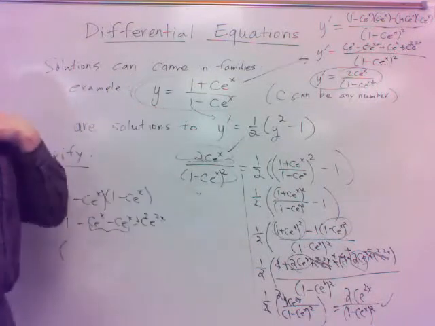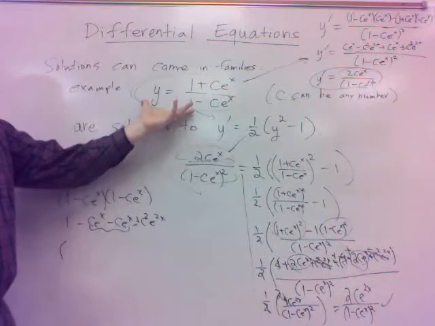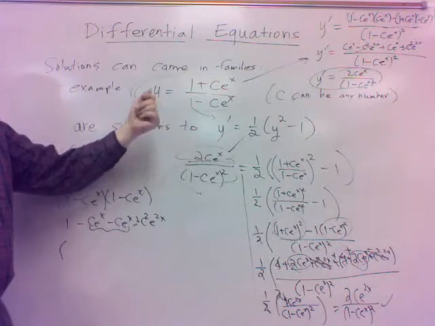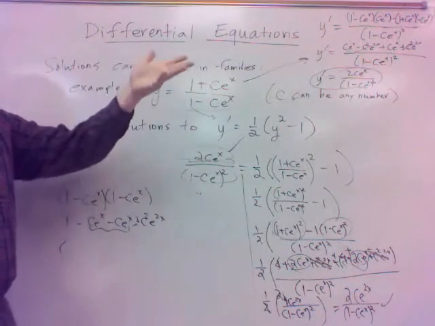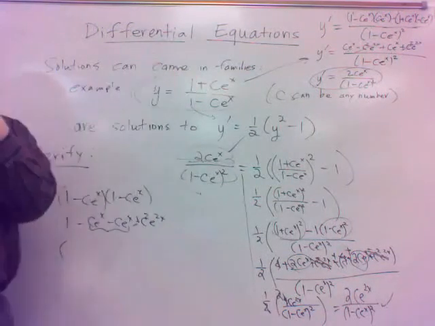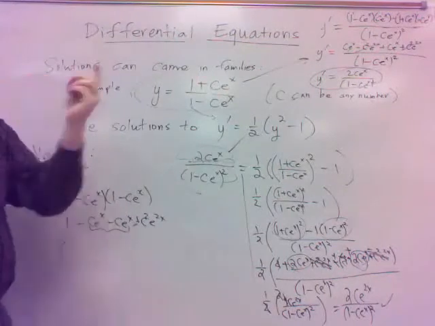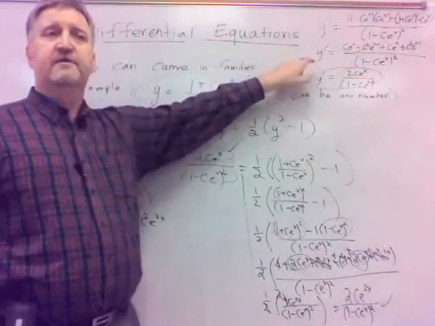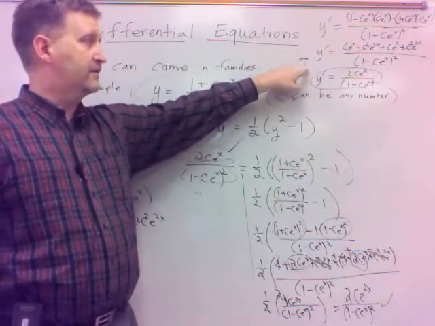In other words, if I have an initial condition on this function here, say if x is 2, y is 3, if I know that other little bit of information, then that restricts the particular solution I want.